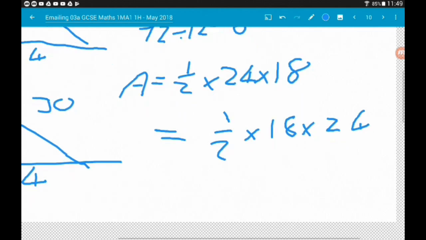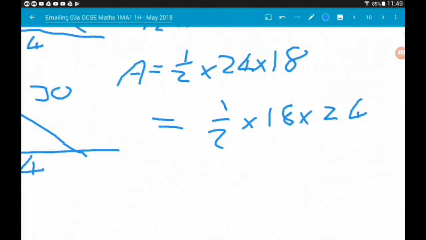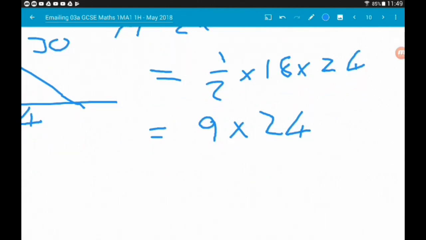Now 1/2 times 18 is 9. So this is the same as 9 times 24. Now 10 times 24 is 240. So we then want to take 24 off of that, and we get 216 centimetres squared.